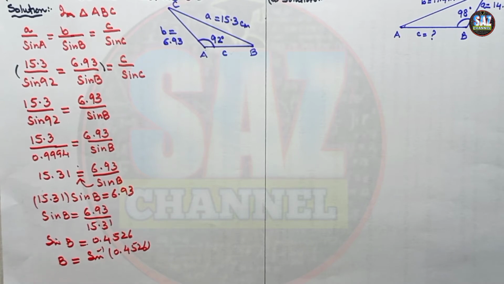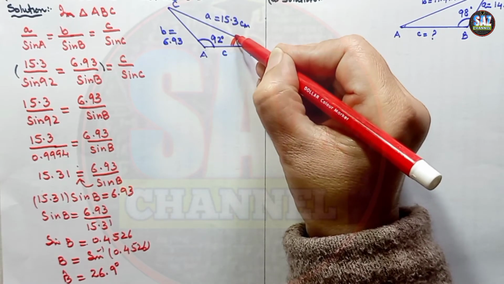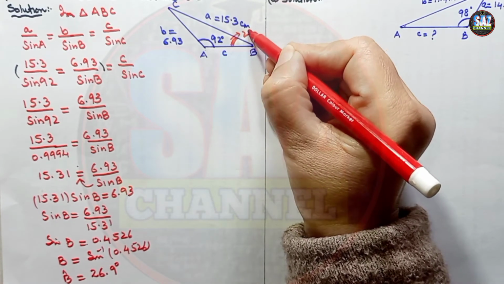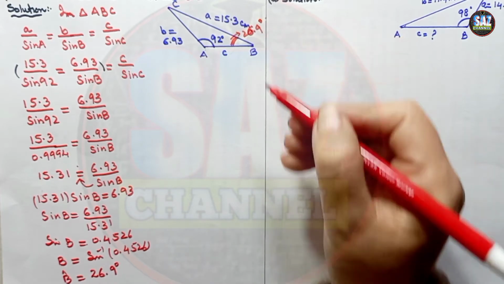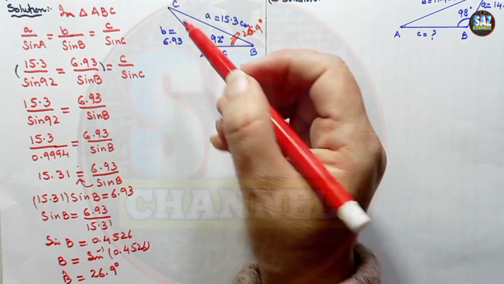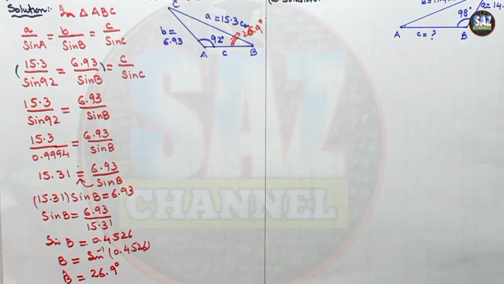This gives 26.991, so I will take angle B as 26.9 degrees. Let me write the value a little bigger over here: 26.9 degrees.